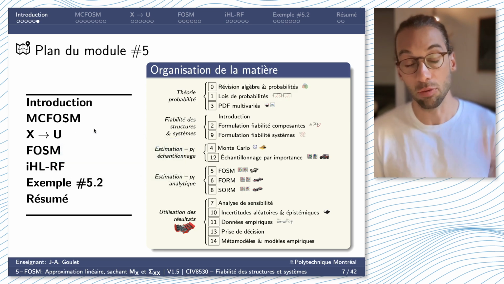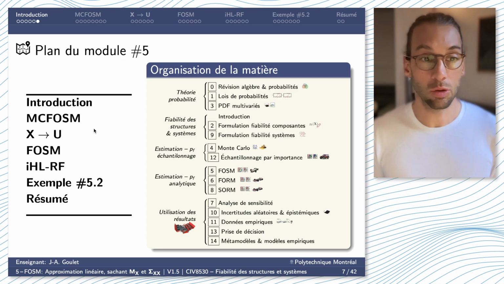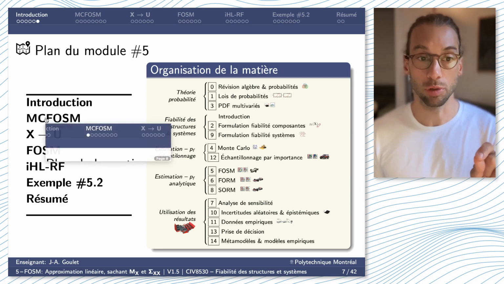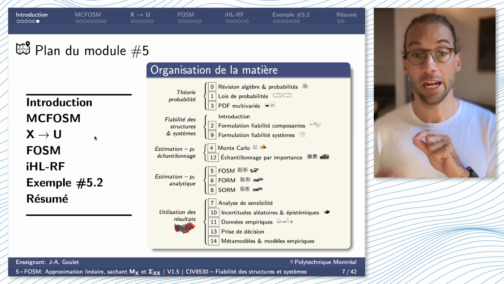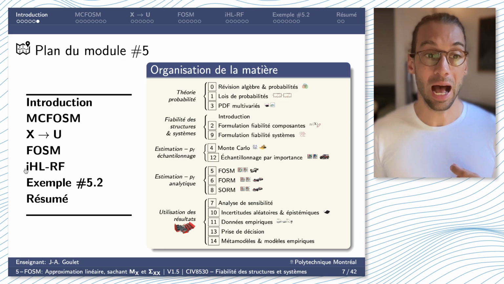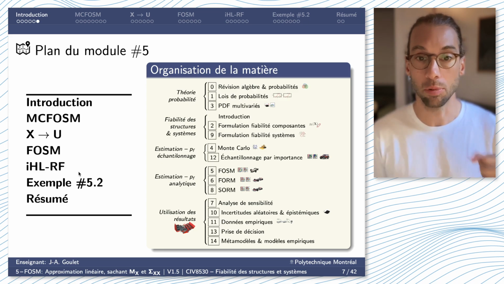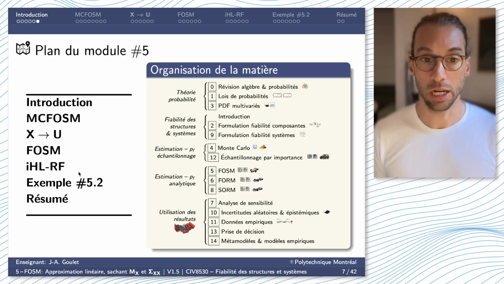Then we're going to see the limitations of MCFOSM, and we're going to try to extend it with first order second moment. So we're not going to make our linear approximation at the mean anymore. We're going to do it at what we'll see is the design point. And in order to identify that design point, we're going to see a method called iHL-RF. We're going to see that in detail in due time. And finally, we're going to apply it to an example of our bar subject to a tensile load.